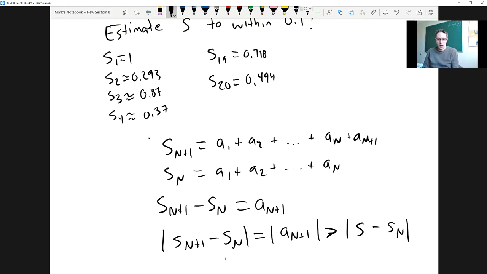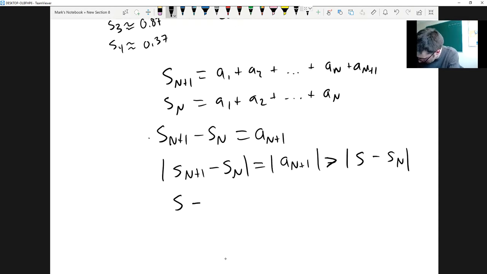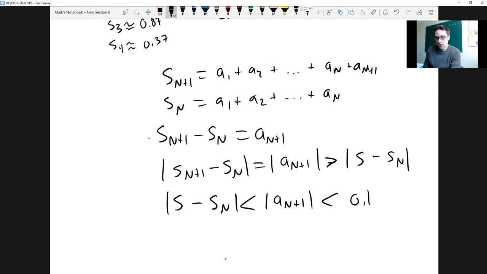Right? Since we know that when I add that next term, I'm going to overshoot. And so if I want my estimate Sn to be within .1, then all I need to do is ensure that the next term I'm about to add is less than 0.1.